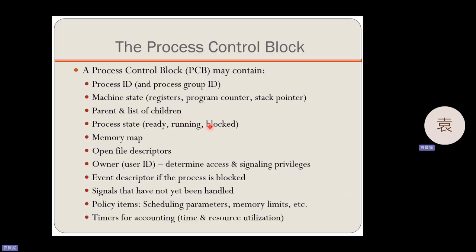It also holds the process state, which is running, ready, or blocked, and also the memory map and open file descriptors or open file tables, meaning what kind of files have already been opened, and the ownership of the process. Also an event descriptor: for a process that is currently blocking for some event, and signals that have not yet been handled.